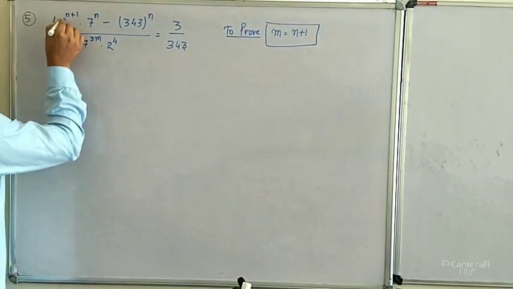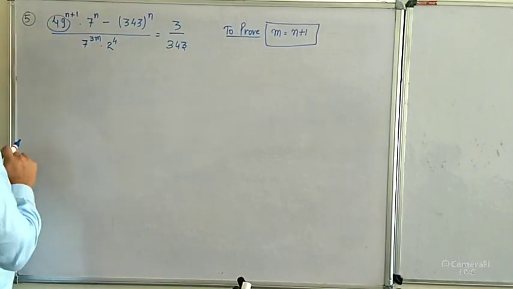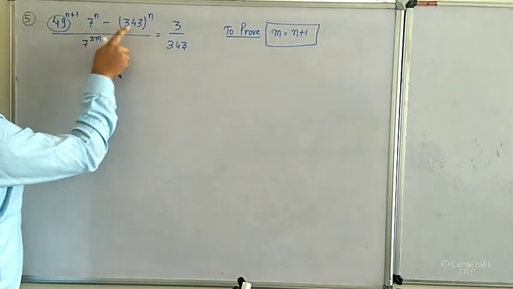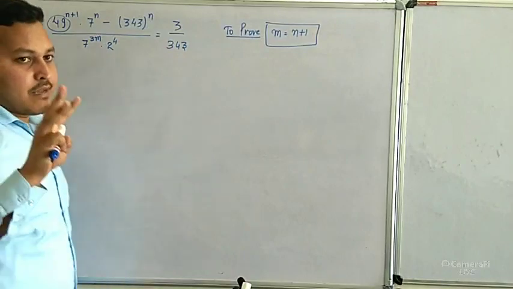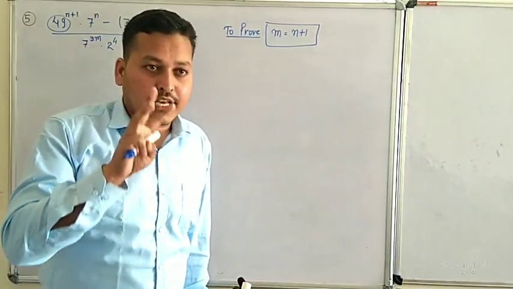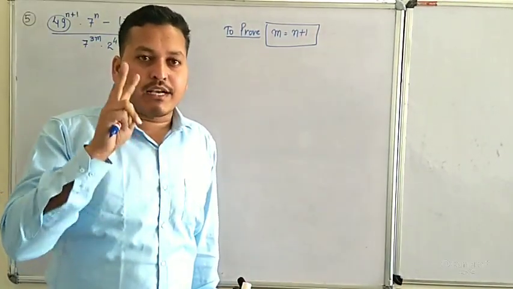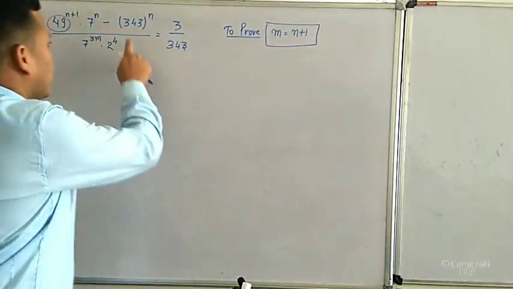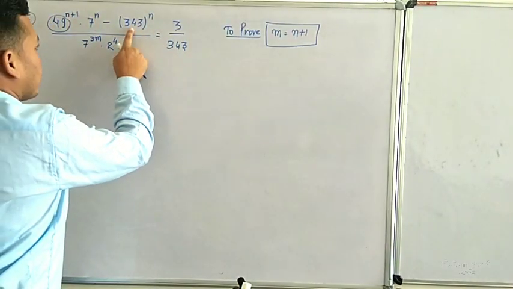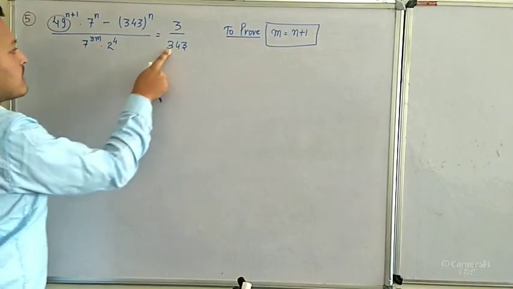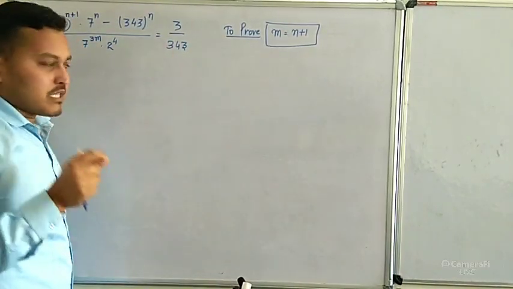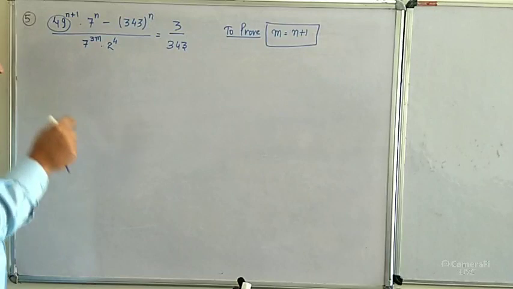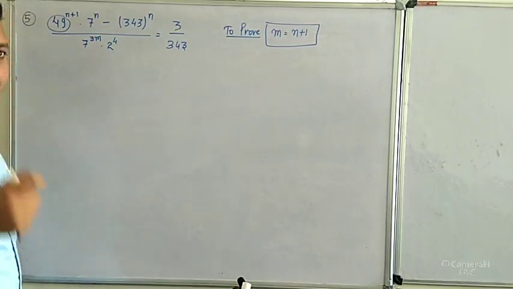And this is 49, this is a multiple of 7, this is the 7, 343. When we multiply 7 by 3 times, 7 multiplied by 7 multiplied by 7, then it becomes 343. So this is also a multiple of 7, here also 7, and 343 again is a multiple of 7. So we can reduce all the multiples of 7 in terms of 7.